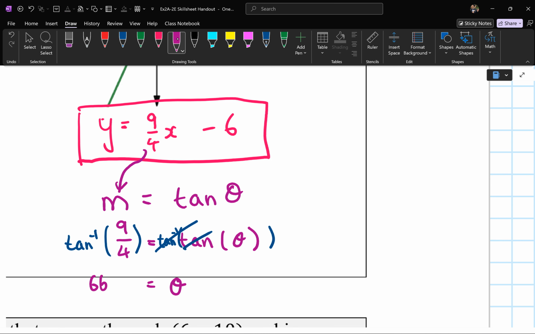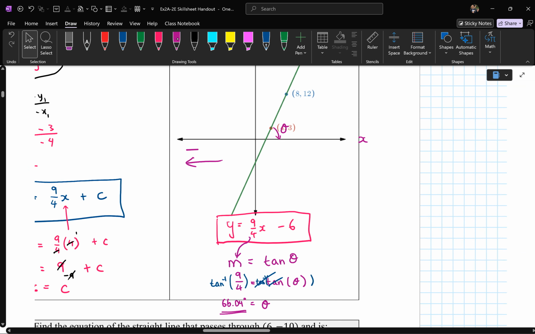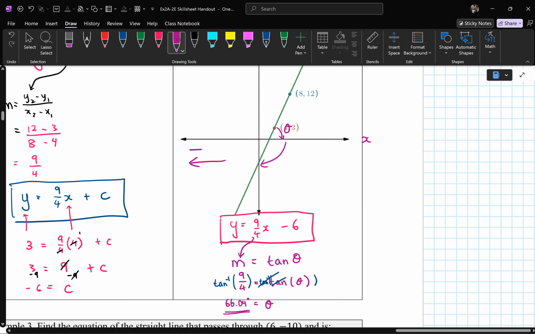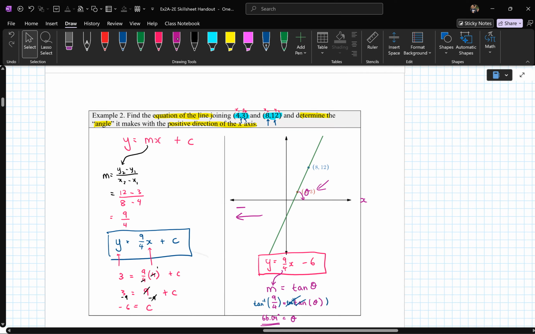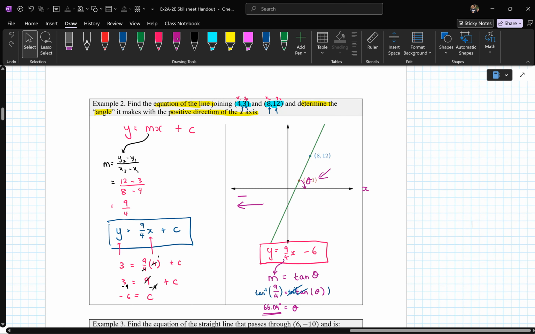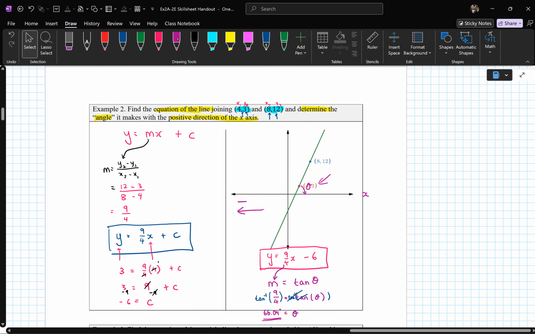Later on, we'll go into minutes and seconds, but for now, just write it as 66.04 degrees, roughly. Later on, it will get more confusing because the angle could be an obtuse angle. This is clearly an acute angle, so it has to be here. So that's why I know it's 66.04. But that's for a future thing. But there you go. That is the exercise to do with finding equations of a line.